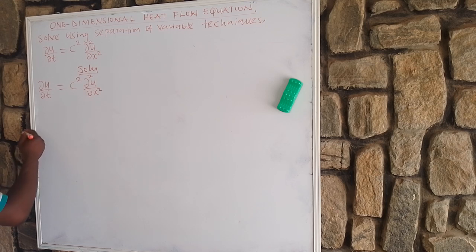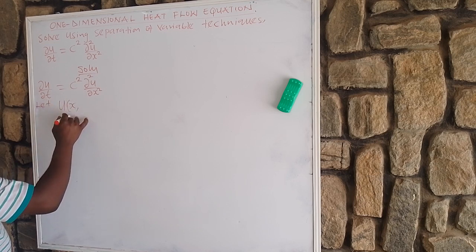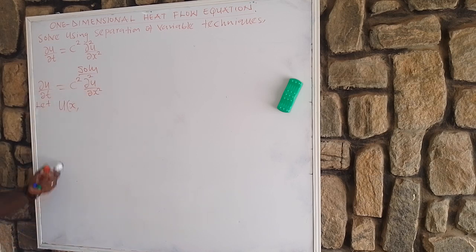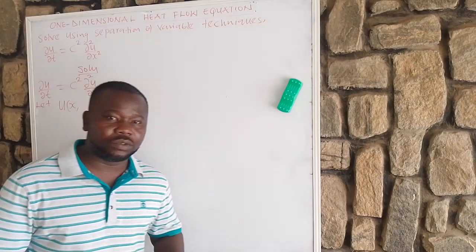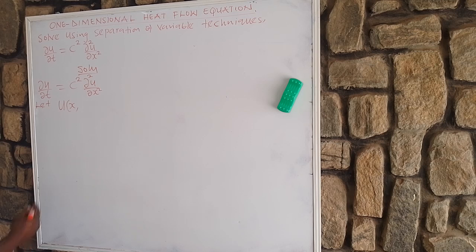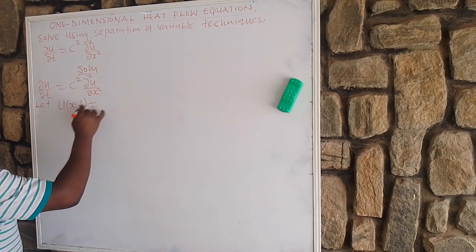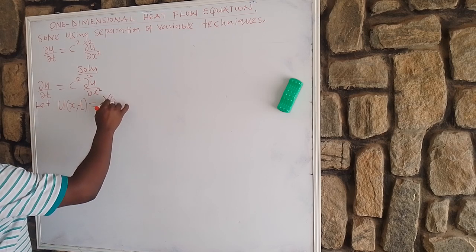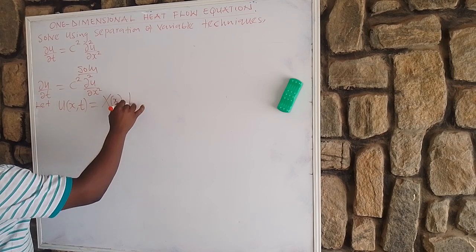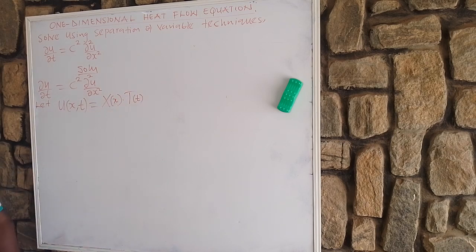We now say let u of x, t, since the heat equation has to do with two variables, we have t and we have x here, be equal to X of x times T of t. This X is a function of x, T is a function of t.